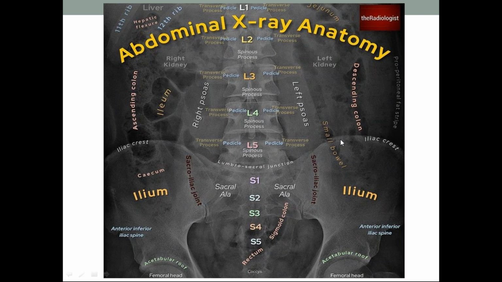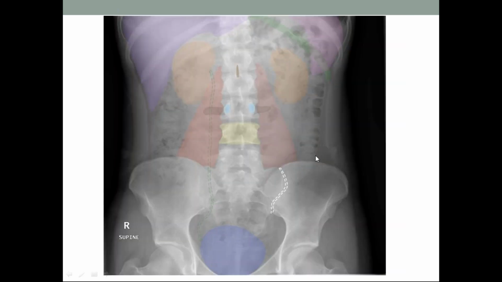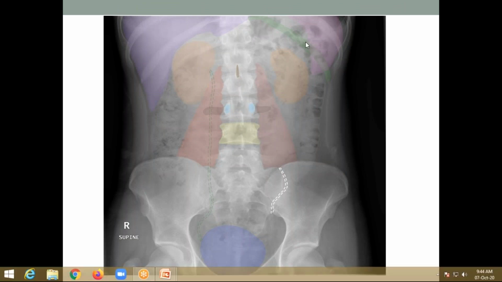What other things we have to see in the abdomen radiograph, I will show you in the next radiograph. We will also see the spine here from L1 to sacrum and coccyx, and both iliac bones are seen. These are the normal viscera of the abdomen.